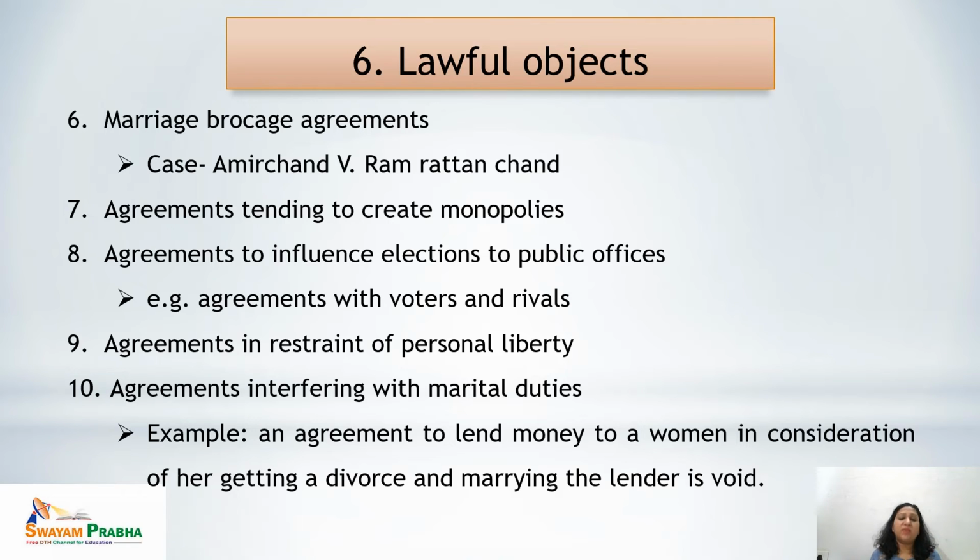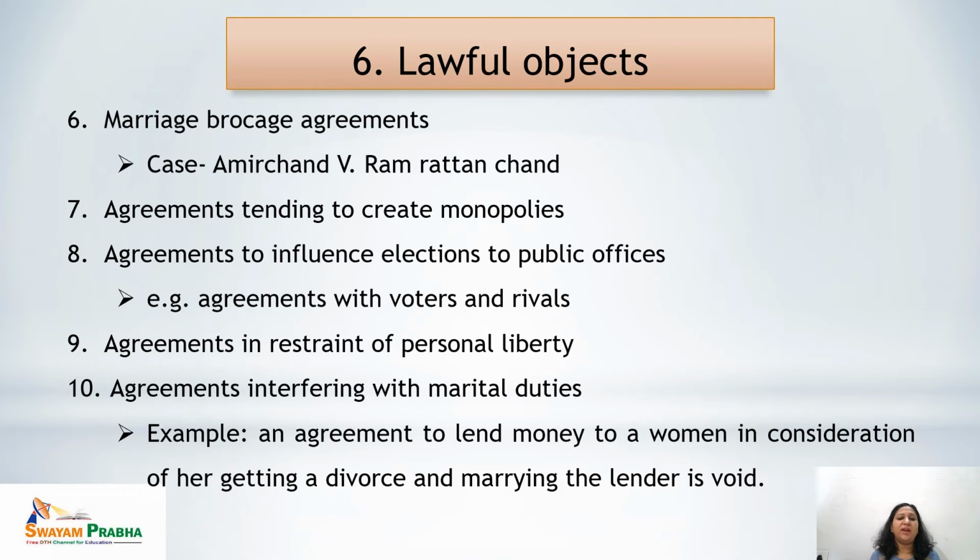The marriage was executed, and later on after the marriage he denied paying the rest of the amounts, saying that he is not going to pay anything now. So in this case, if any suit is made, that suit is not acceptable. The reason being, this is a void agreement because these types of agreements are against public policy.